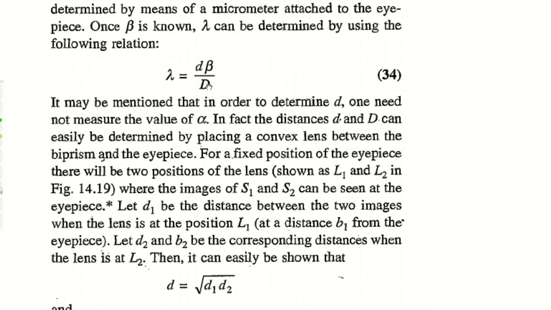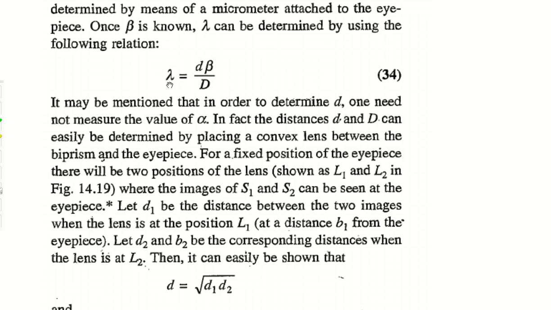This is the simple formula of fringe width which we deduced in our previous class for Young's experiment. So beta is equal to lambda D by d, so lambda is equal to small d beta by capital D. Beta is known by this experiment.